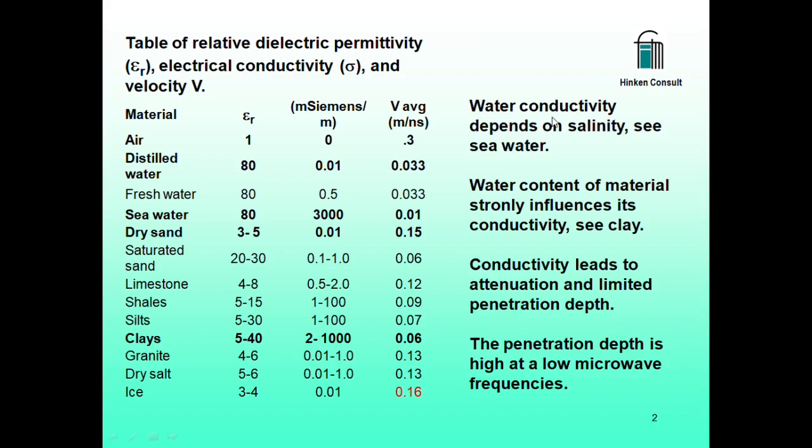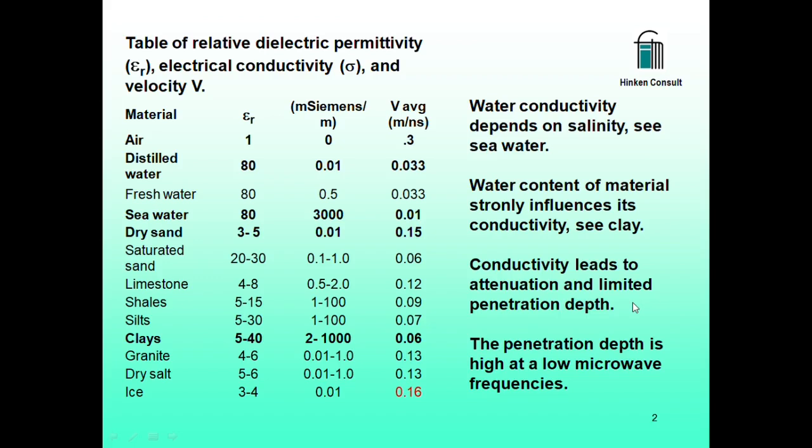Well, the water conductivity depends on the amount of salt in it. For example, we see here seawater with a conductivity of 3000 compared to distilled water with 0.01. And the water content of the material strongly influences its conductivity, as we have seen in the case of clay.